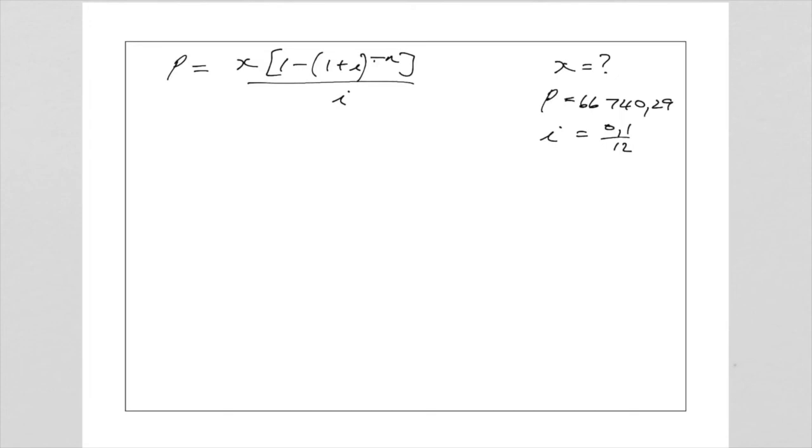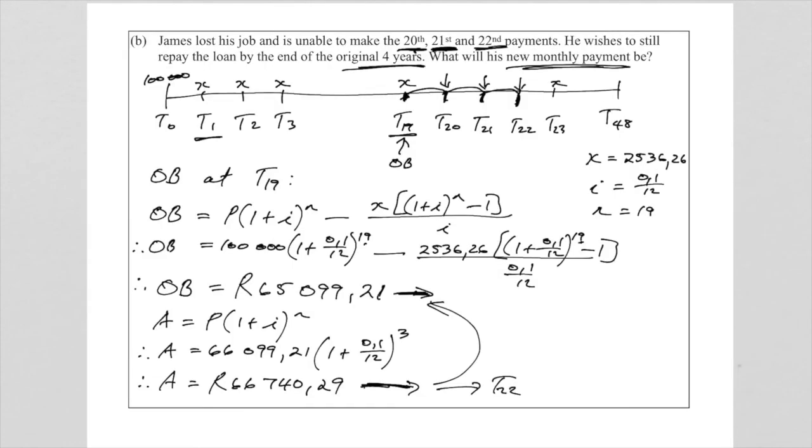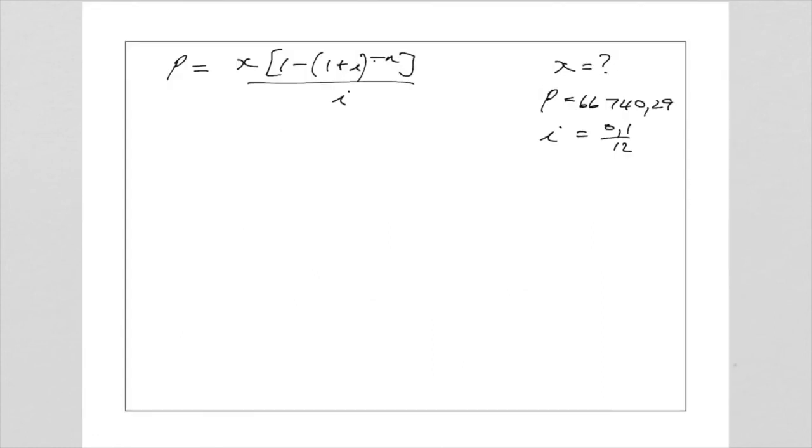Now, how many payments will there be? If I go back to the previous screen, the first payment will be at T23 and the last payment at T48. To make sure that you don't make a mistake, an easy way to find the number of payments, you say 48 minus 23 and you plus 1.